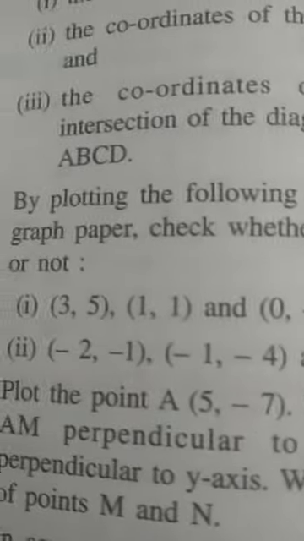Okay, and the next is (1, 1). 1, 1 means this is 2, so this will be 1. So the x coordinate is 1 and the y coordinate is also 1. So this one, y, is (1, 1).